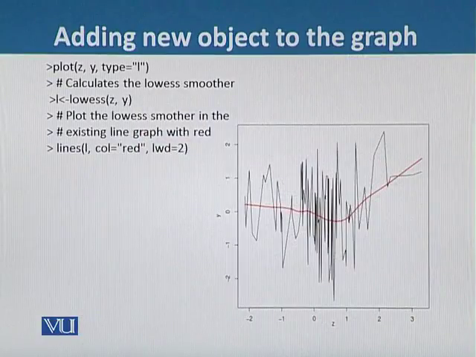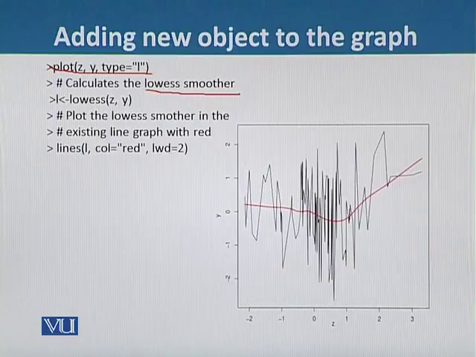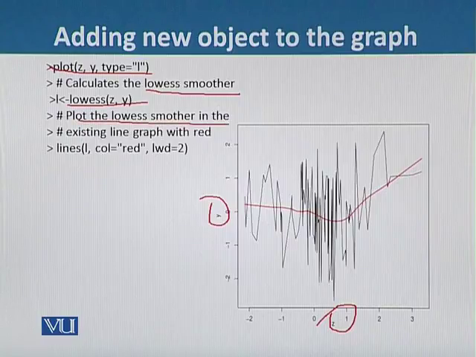If we want to plot a line graph, with type l, we calculate the lowess smoother of that graph, indicating the x and y axes, and it should be drawn.